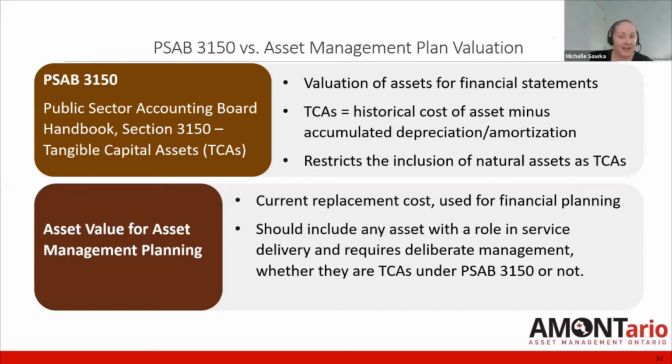In fact, best practice is that any asset that has a role in municipal service delivery and that requires deliberate management should be included in an asset management plan. Therefore, PSAB does not pose a barrier to including natural green infrastructure assets like forests in asset management plans. You can do it, and municipalities have done it. You should be doing it.